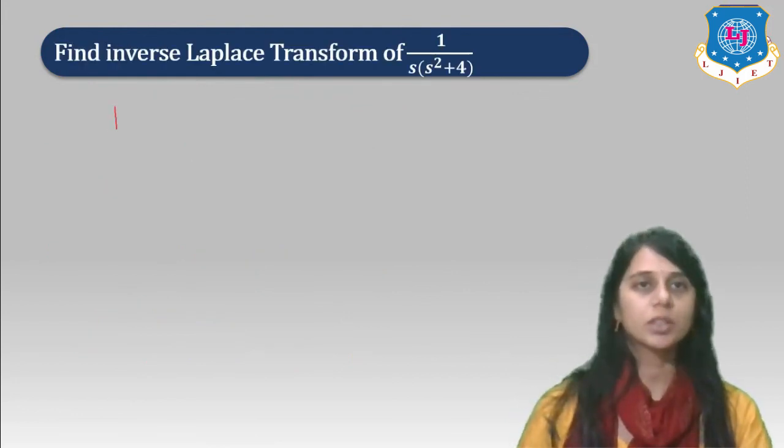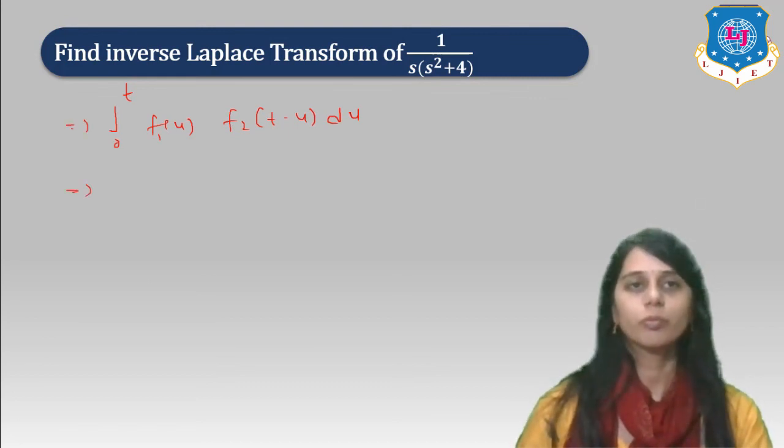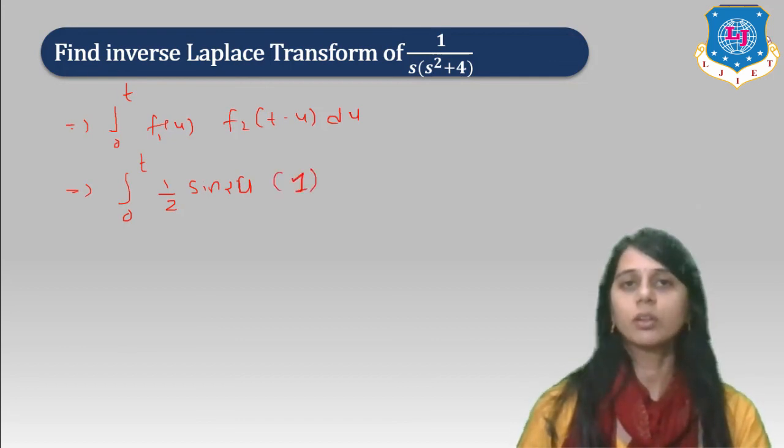Now applying the integration from 0 to t of f1(u) f2(t minus u) du, we are taking the second pairing. So the integration from 0 to t, f1(u) is 1 upon 2 sin 2u, f2(t minus u) is 1, du.